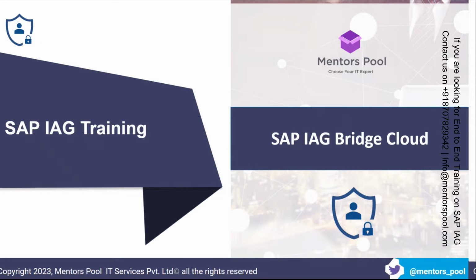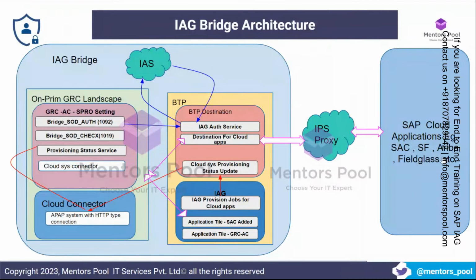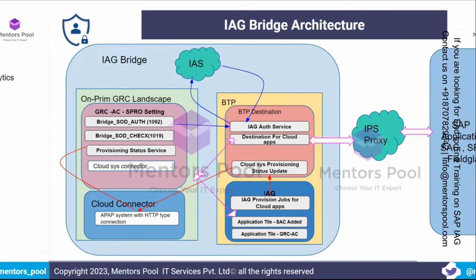Okay, so normally when we see the architecture of IAG Bridge, it looks like this. Before getting into this architecture, let's understand two to three things which are really important, and everyone will definitely be having that query in your mind.